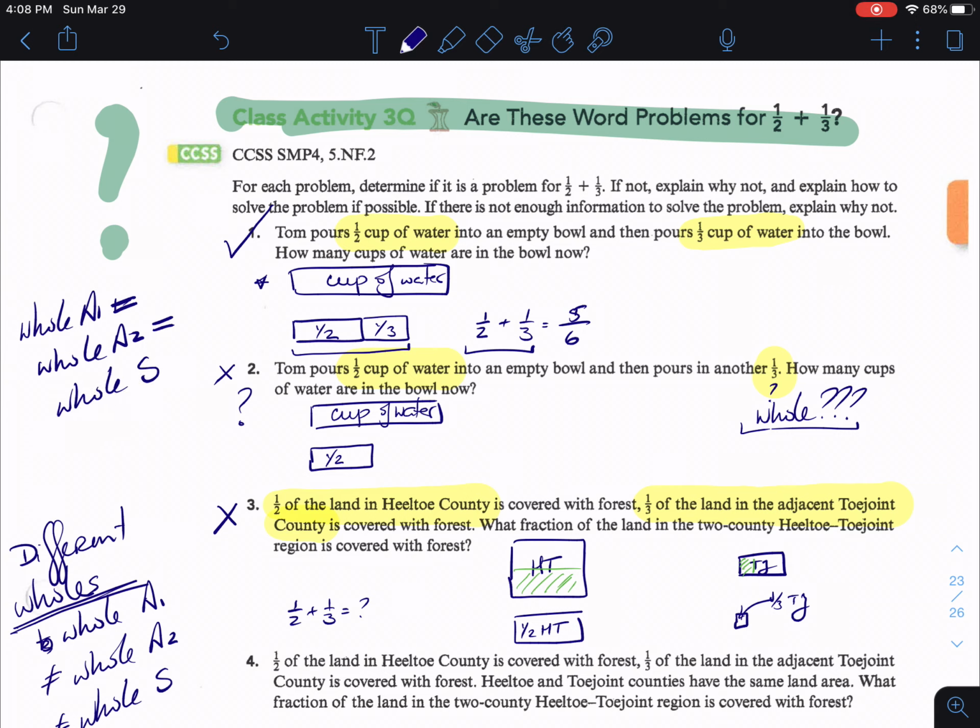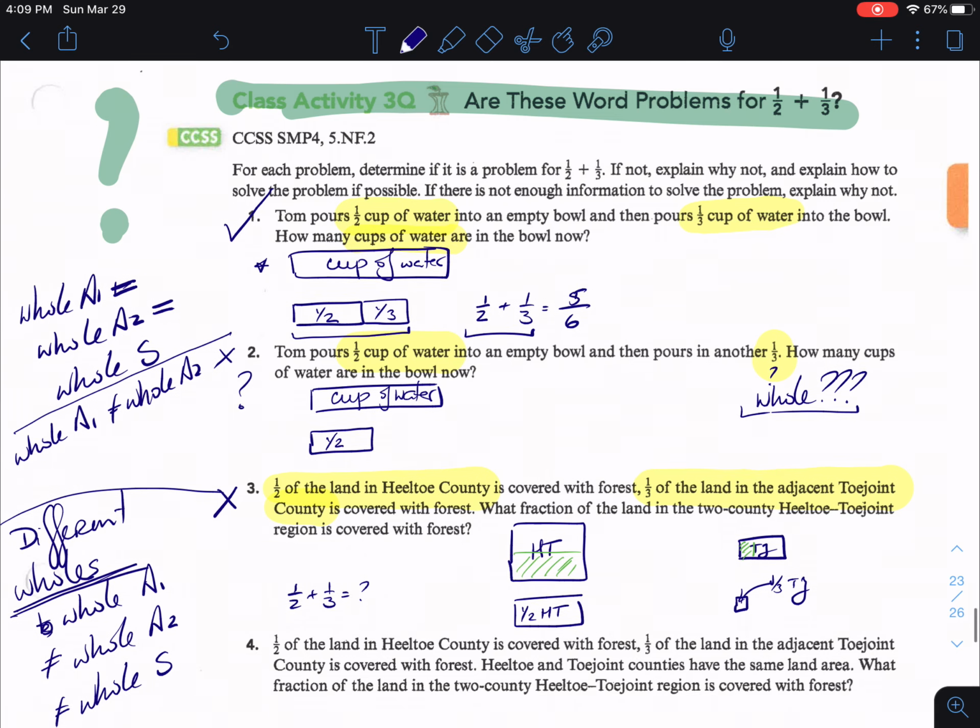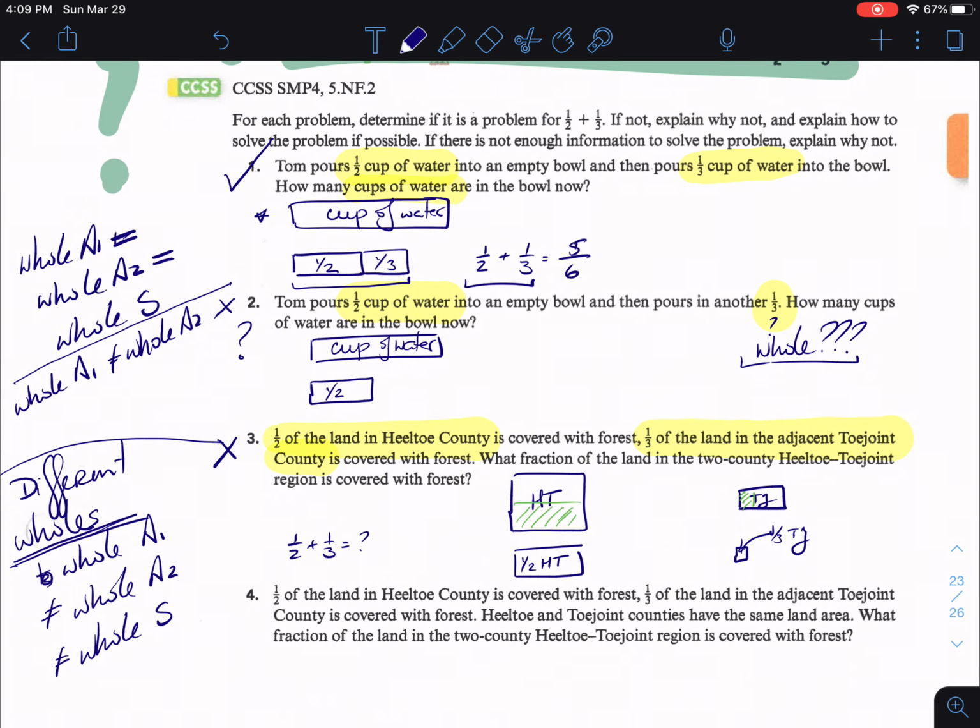It was cups of water and cups of water. So number 1 was fine. In number 2, the whole for the first addend was not necessarily equal to the whole for the second addend. So that was not going to be an example of adding those fractions.